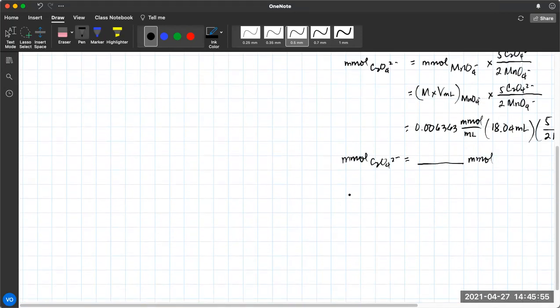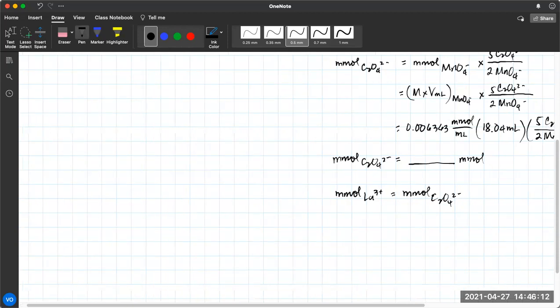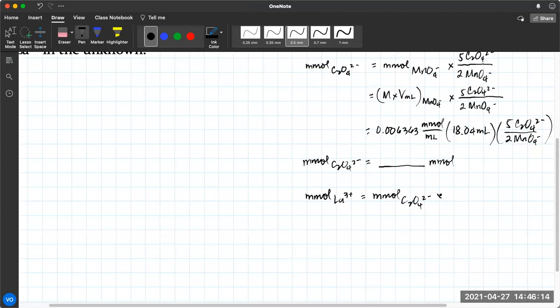Therefore, the number of millimoles of lanthanum ion will be equal to the number of millimoles of oxalate times our stoichiometric factor.